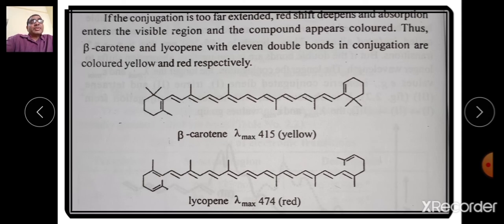The second example is lycopene, which also contains more conjugated double bonds, and therefore again the lambda max value is shifted towards the longer wavelength, that is 474. Okay, and this is the clear-cut knowledge we have. When the conjugation increases, there is a shift of wavelength towards the longer side.